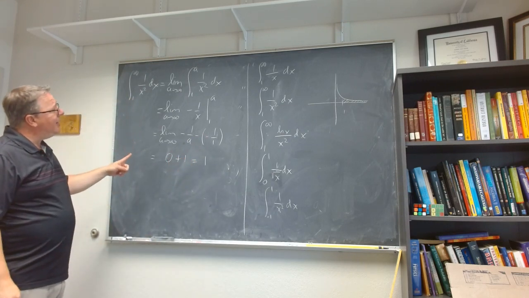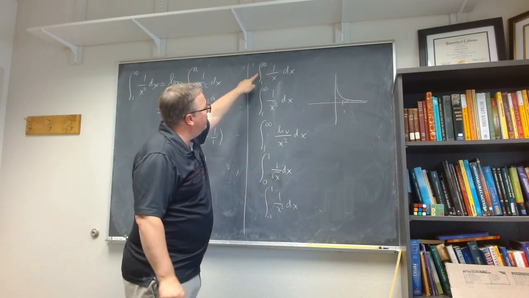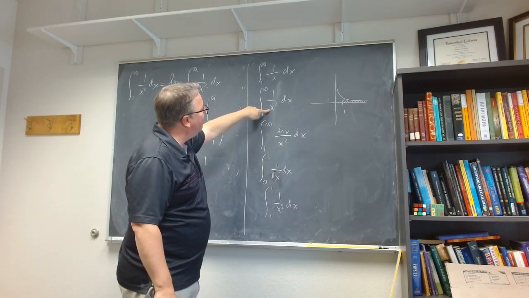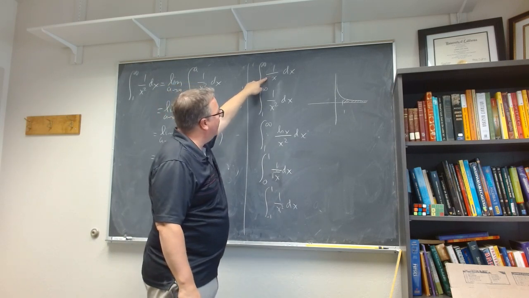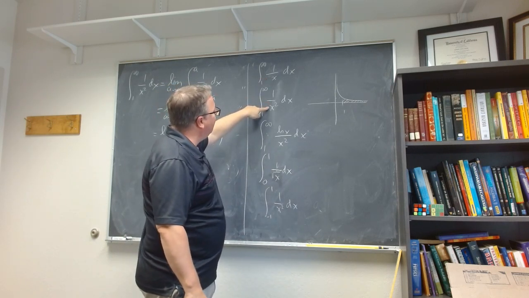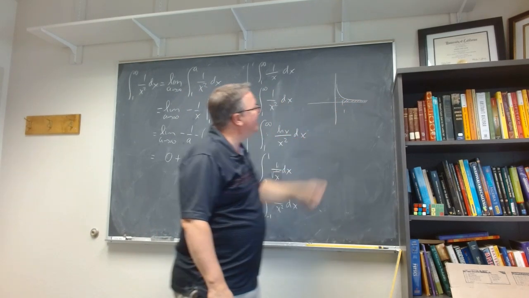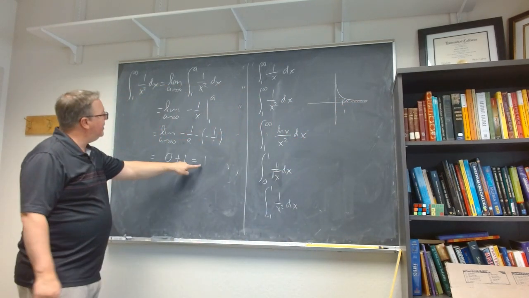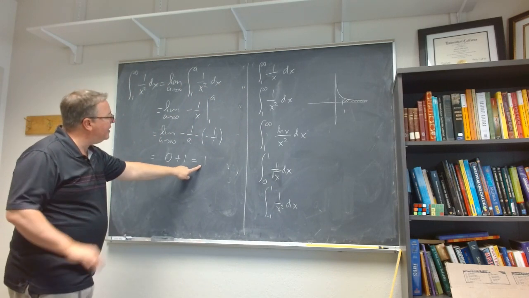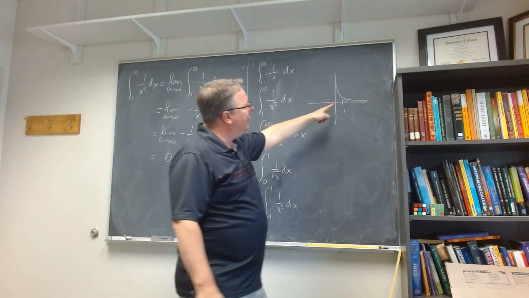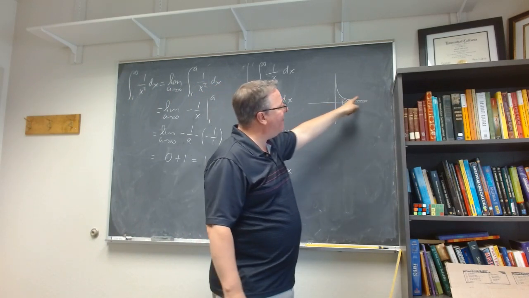So strangely enough, both of these curves look similar, but this one goes to 0 much faster than this one. In fact, it goes to 0 so fast that the whole area from 1 to infinity is exactly 1. So the area is finite, even though the picture looks like you have this thing that never ends.